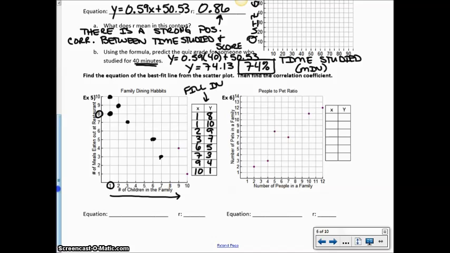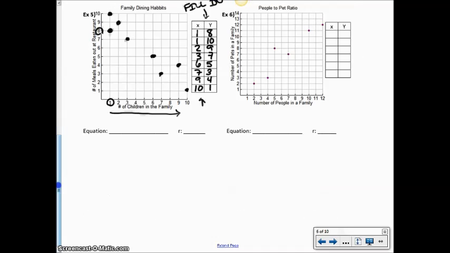I'll mark all mine. You're going to use this chart and you're going to fill in your calculator, and you're actually going to look for the correlation coefficient and your line. So go ahead and do that, and then you're going to try example 6 on your own. So go ahead and pause, finish example 5, do example 6, and then when you come back, we'll go over it.